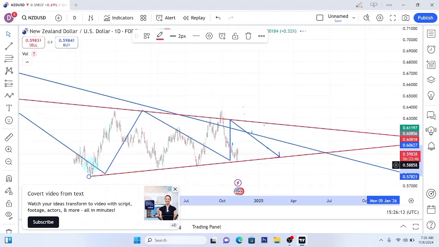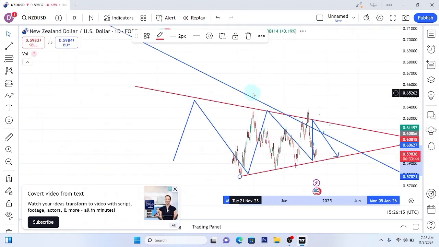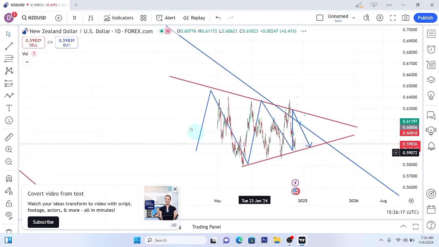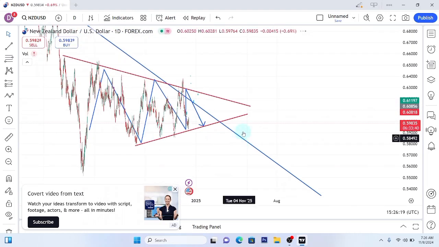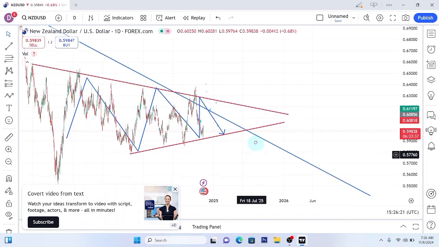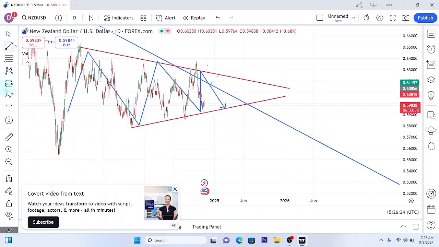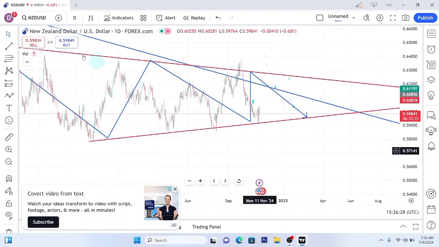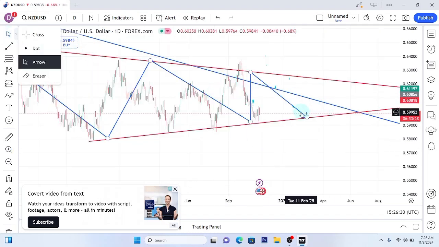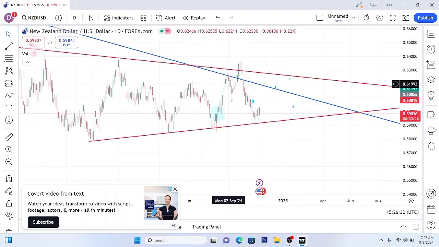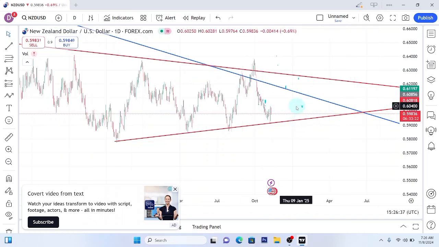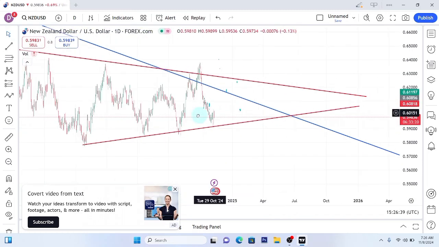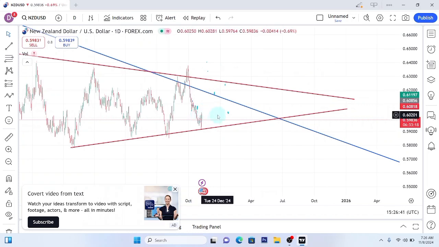Once we have marked the weekly chart, on the daily chart we'll be looking for potential entry. Already we know that this is a consolidating market. Now this is the daily. From the daily chart, we'll be looking for a potential entry.